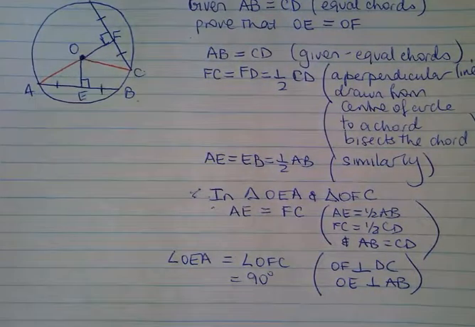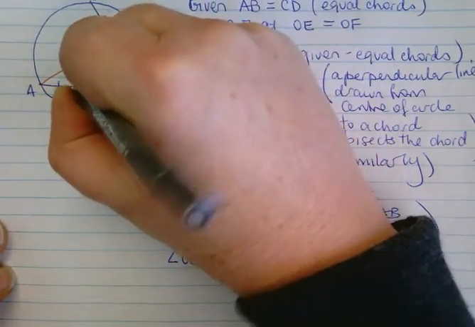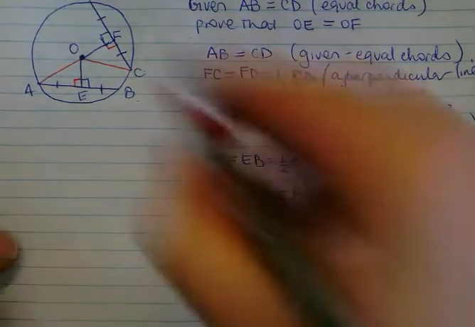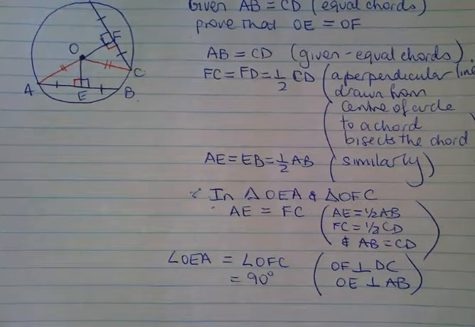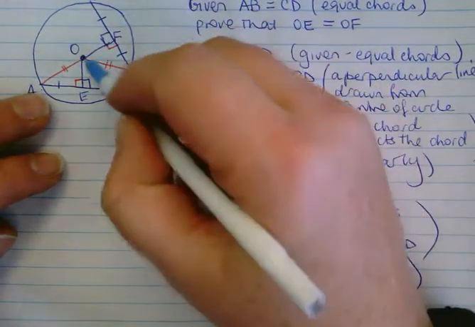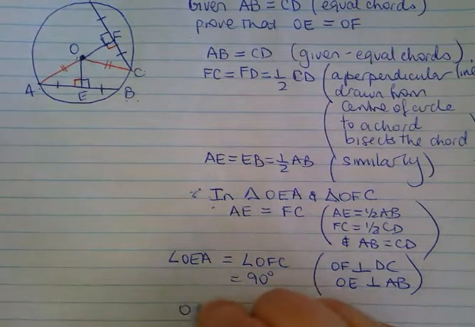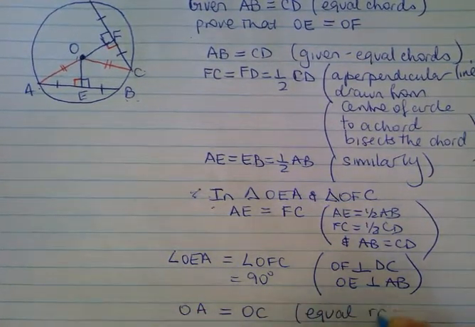I'll draw the right angles in. What else have we got? No, you can't, that's what we're proving. We're proving that chords that are equal in length are equidistant from the center of the circle. We know that OA equals OC, equal radii.